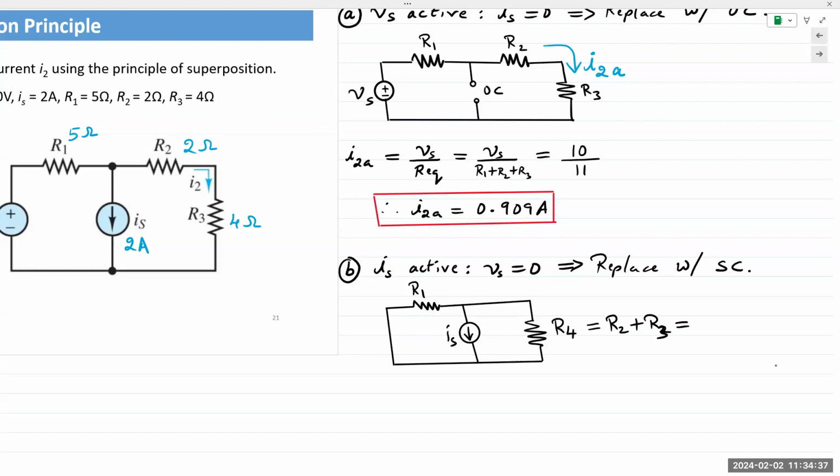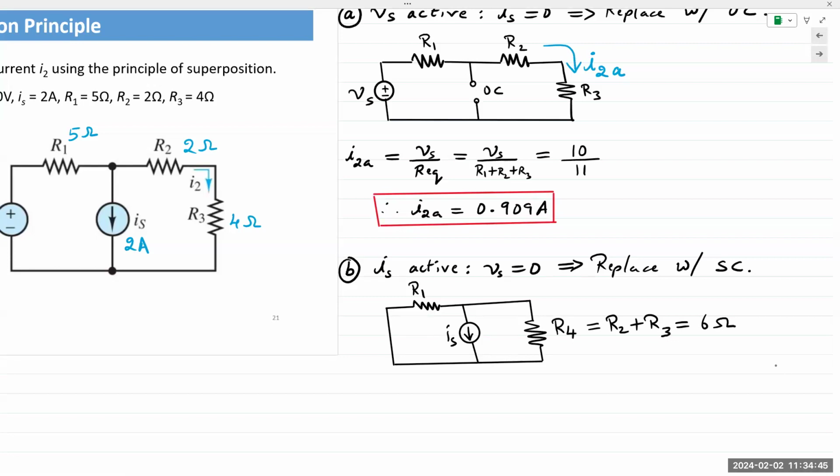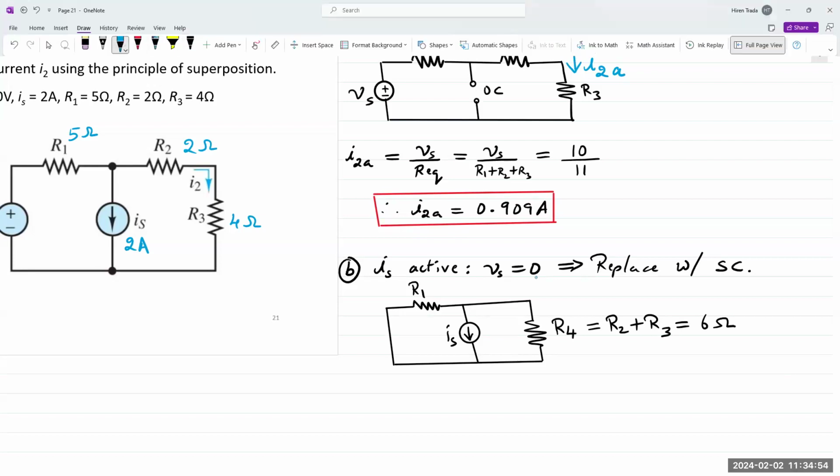And so that is, what is that? 4 plus 2 is 6 ohms. I2 is still coming down from the top.